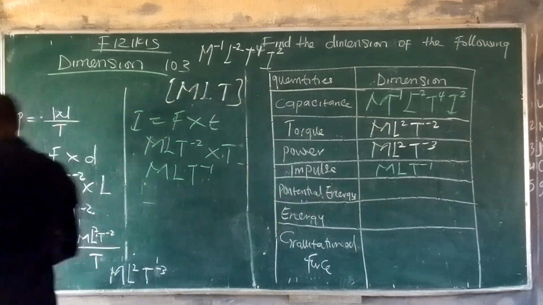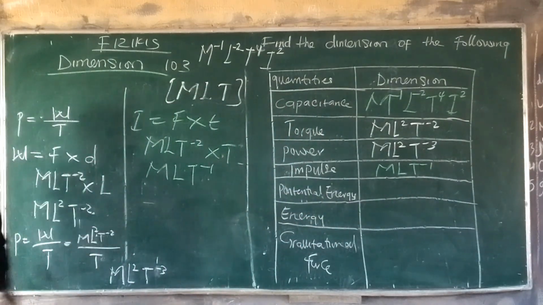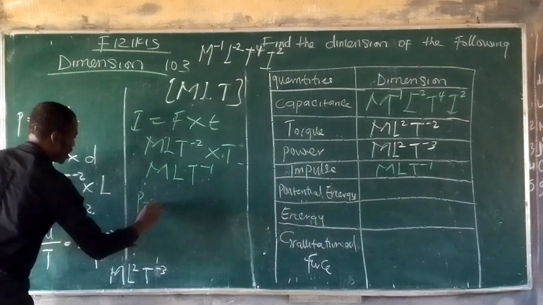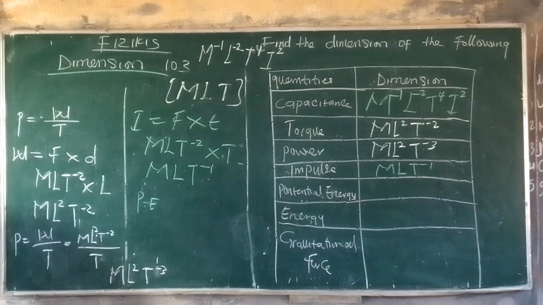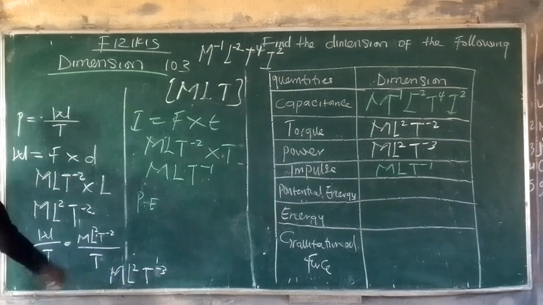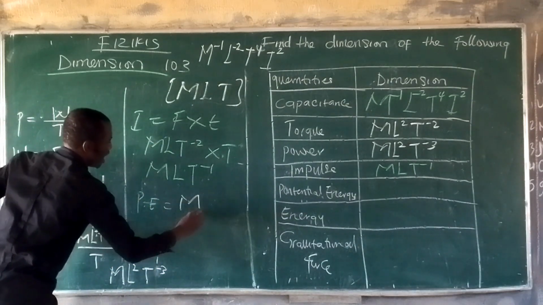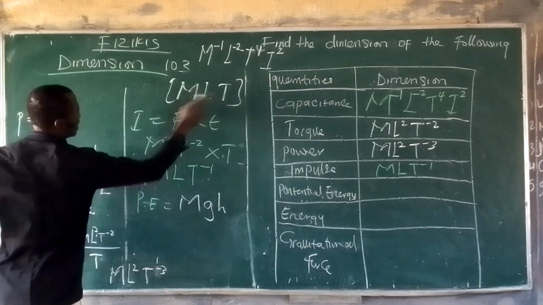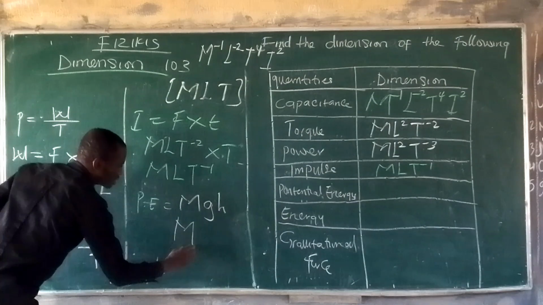Now we go to potential energy. PE is equal to mass times gravitational acceleration times height. We don't represent these things in this parameter. Mass is still mass.